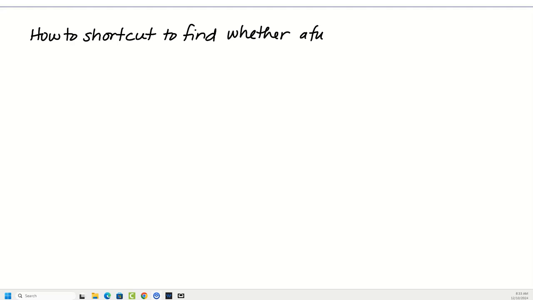want to do is I want to consider a shortcut, okay? The shortcut to figuring out if it's an odd function or an even function. So I'll just say how to shortcut to find whether a function is odd or even.